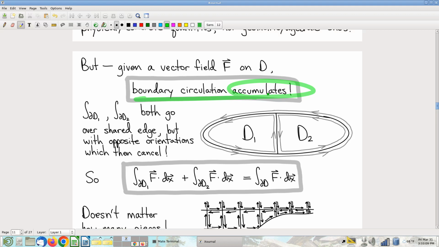When I say boundary circulation accumulates, it's pretty tempting to say, come on, no way, couldn't possibly. Look, when you cut the piece into two, we get new perimeter. That's going to create new terms of line integral. Surely that's got to matter.